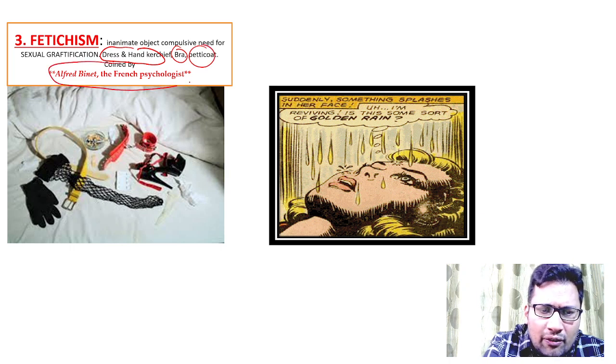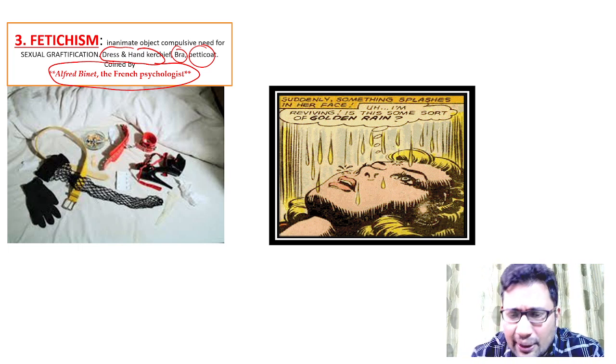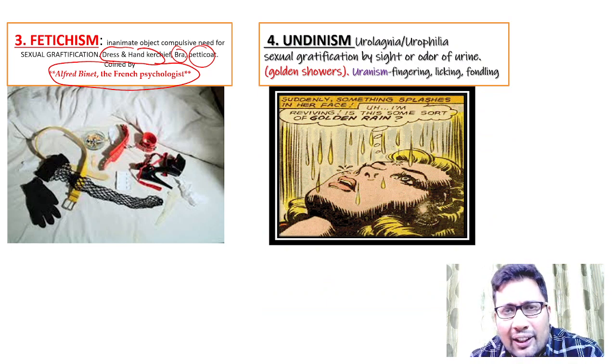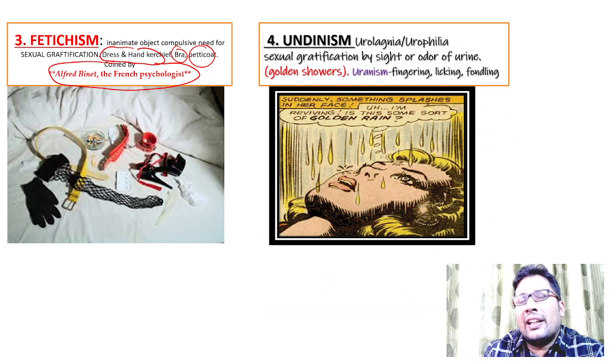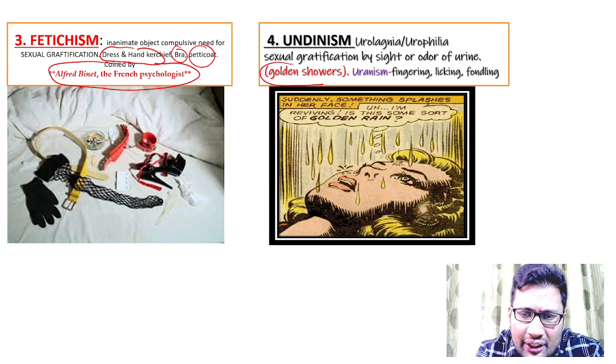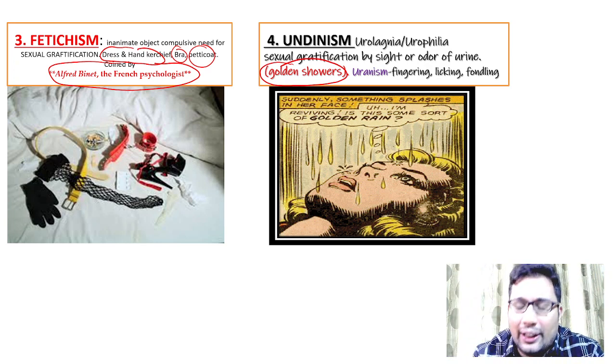This was first described by Alfred Binet. And one more, undinism, that is also known as urolagnia, urophilia, sexual gratification by sight or odor of urine. It is also known as golden shower. Remember, uranism means fingering, licking or fondling.